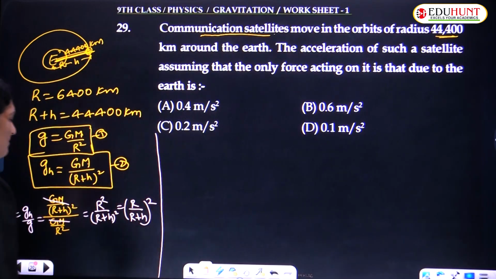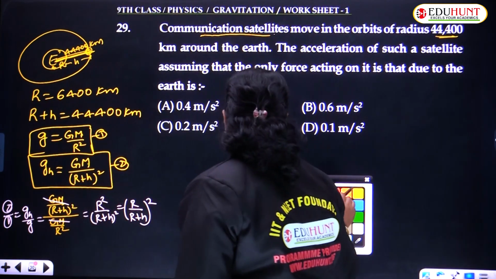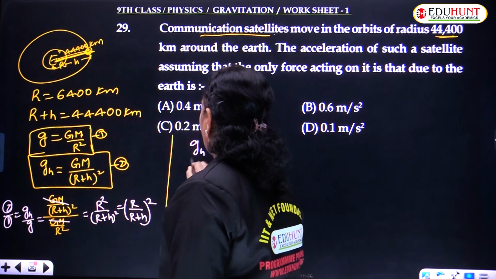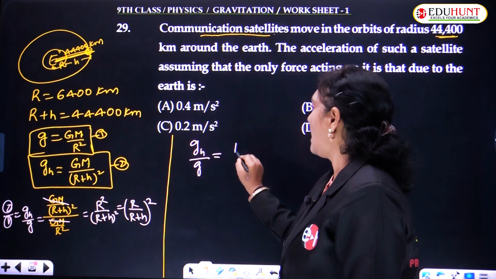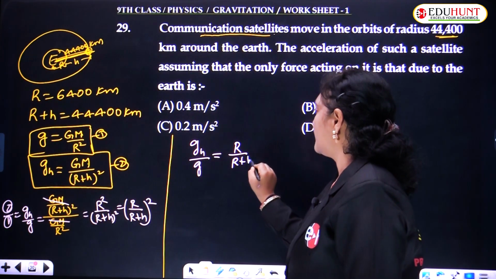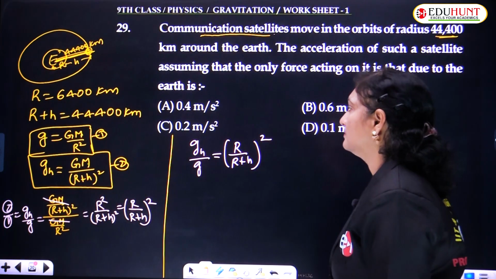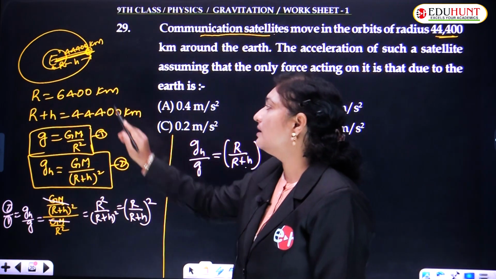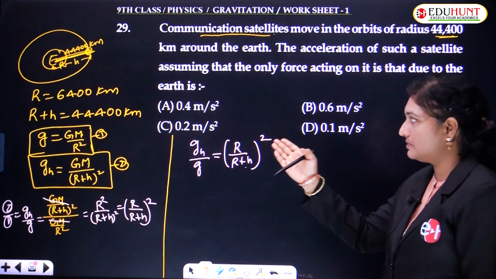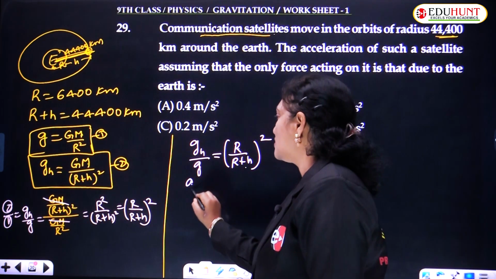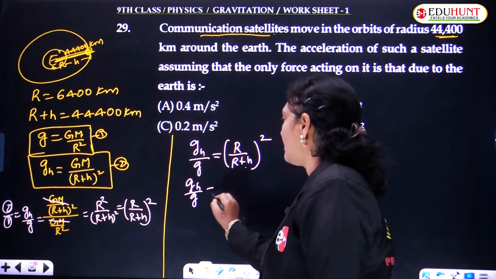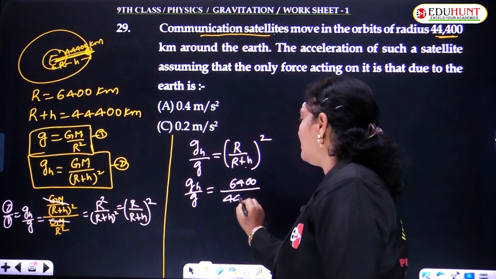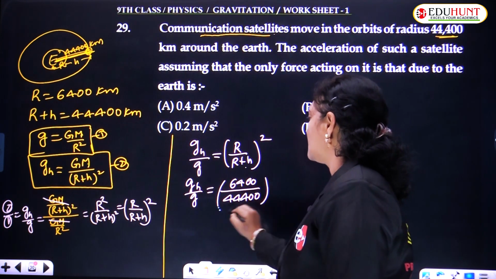So, carrying the same formula, let us check what happens. What is our formula? g_h by g is found to be (R by R plus h) whole square. What was the value of R? 6,400 kilometers. What was R plus h? 44,400 kilometers. So, let us substitute those values. So, g_h by g is found to be (6,400 kilometers upon 44,400 kilometers) whole square.